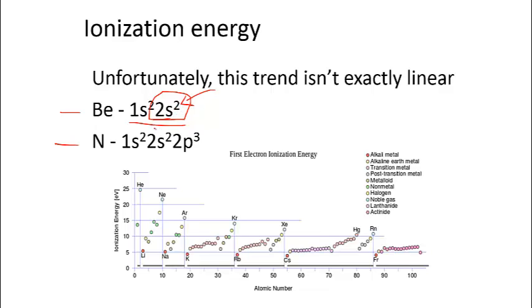Now, in nitrogen's case, nitrogen's electron configuration is 1s2, 2s2, 2p3. Nitrogen's 2p orbital is halfway filled. And this means that nitrogen's 3 electrons reside in 3 separate orbitals. If we were to draw nitrogen's 2p orbital, it would look like this.